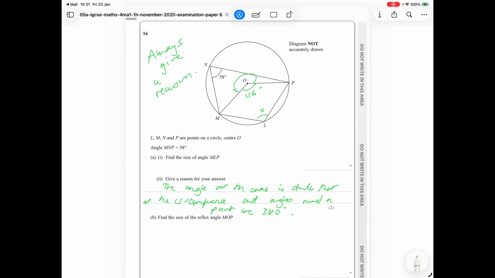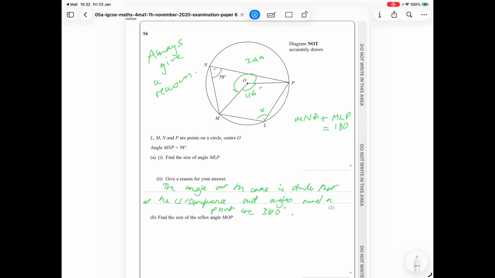Actually, we can use another thing. We know that MNP plus MLP adds up to 180.